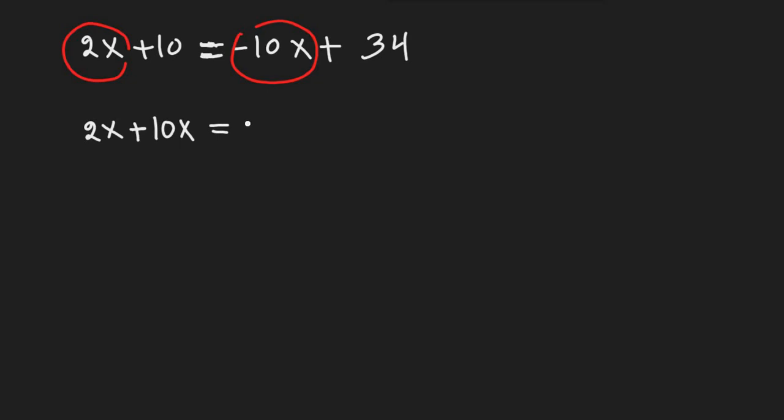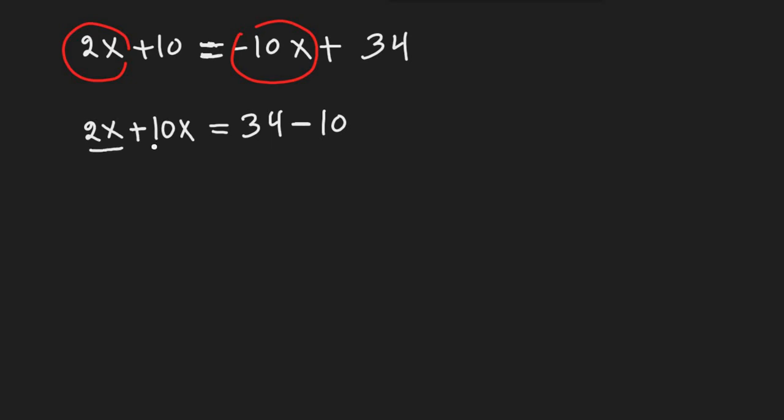On the other side, we have 34, and we switch this number to the other side too. So it's minus 10 now, because we switched from left to right. It was positive, now it's negative.